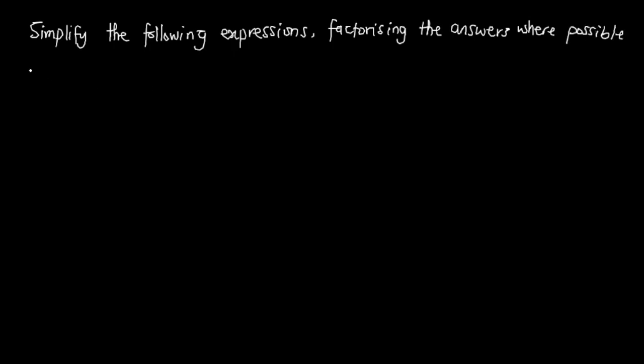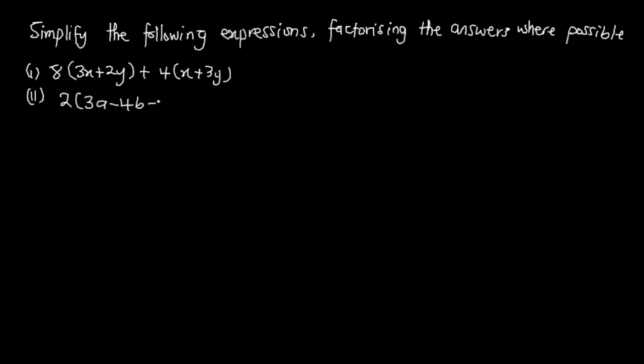All right, so we have 8 into bracket 3x plus 2y plus 4 into bracket x plus 3y. Then 2 into bracket 3a minus 4b plus 5c minus 3 into bracket 2a minus 5b minus c.